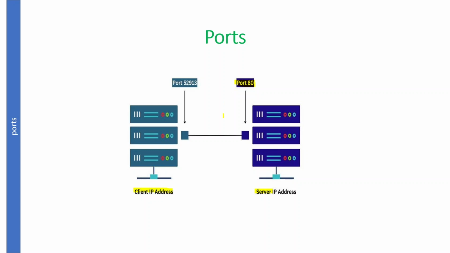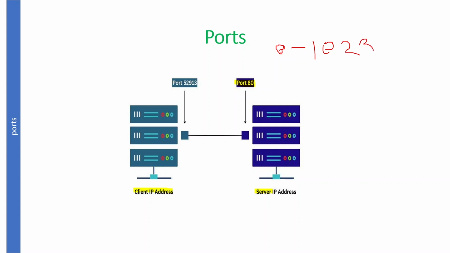When it comes to port numbers, we have port numbers from 0 to 65,535. Then we have well-known port numbers. That means these port numbers are reserved for system services, right? So well-known port numbers are from 0 to 1023, right?